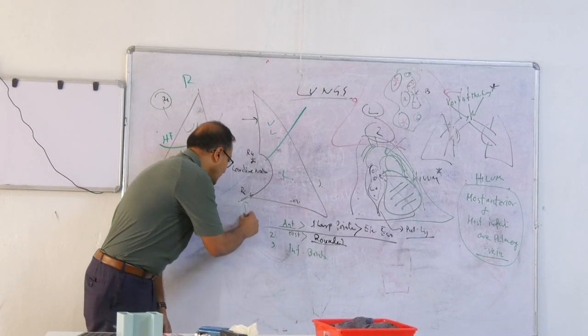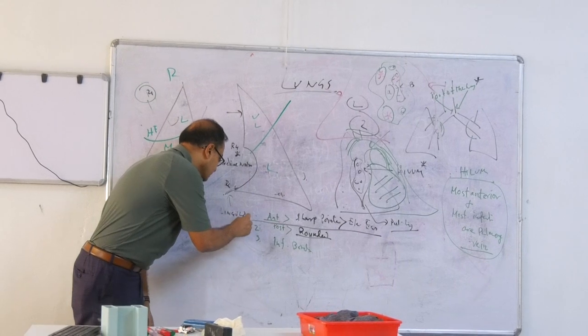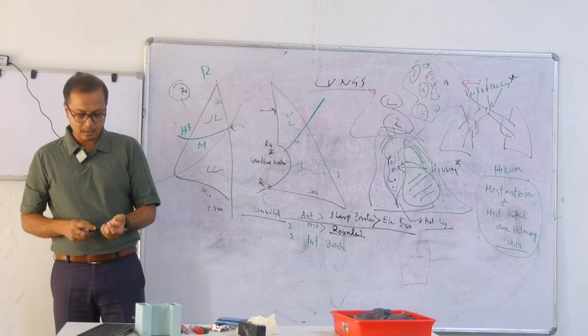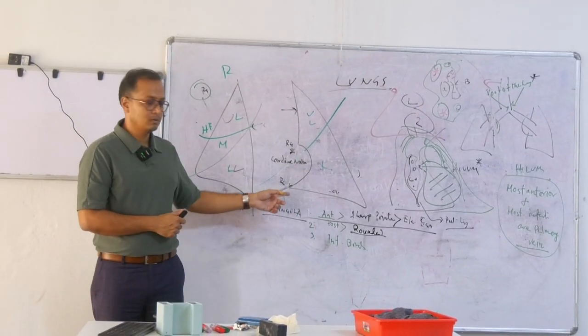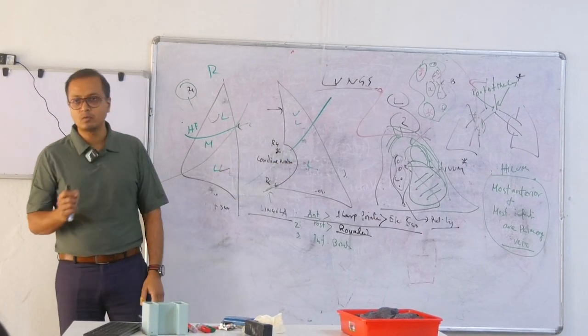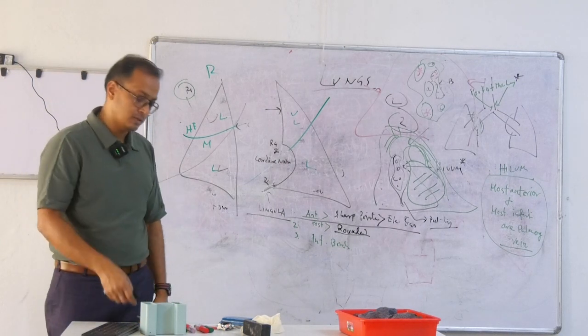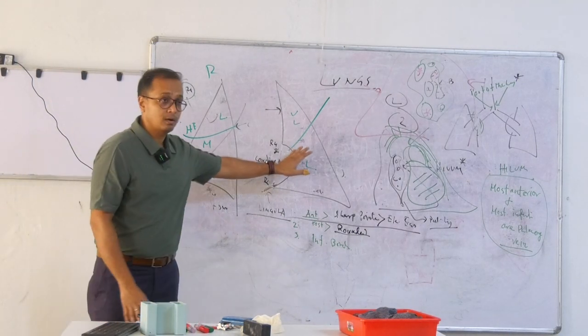We call this the lingula. So the cardiac notch with the lingula is a hallmark to identify this deficient anterior border, present on the left side only.